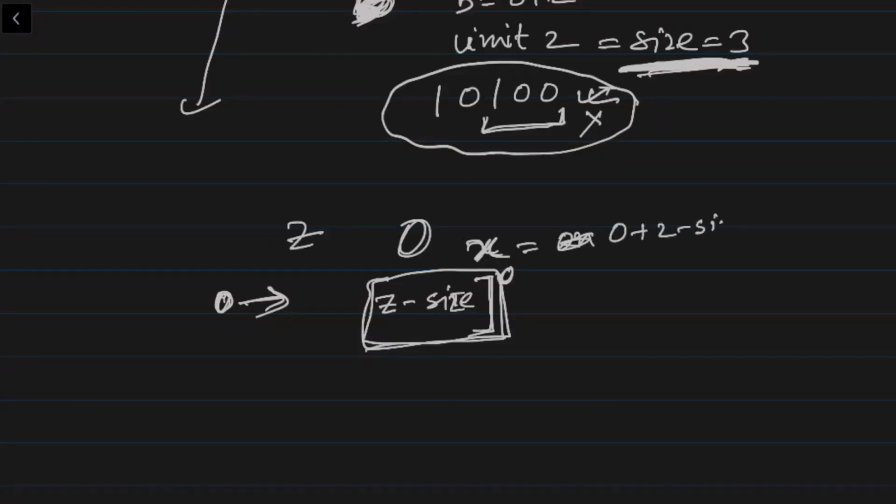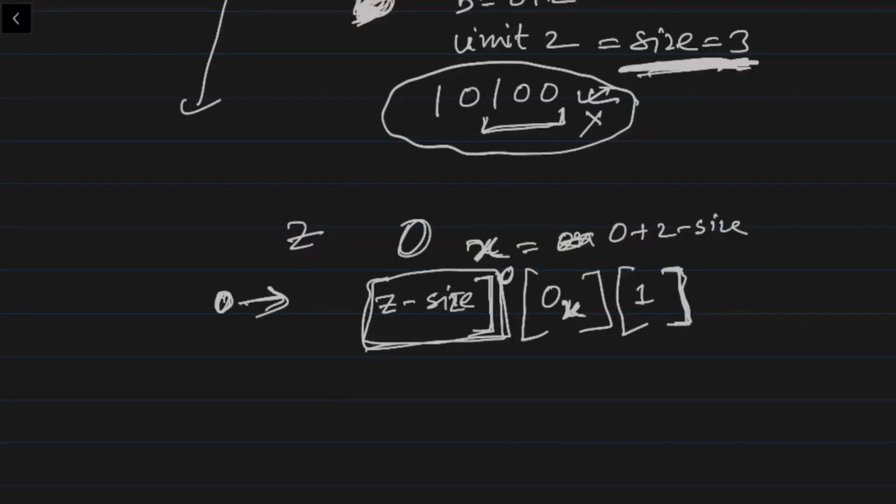What I'm saying is, if at the position I have already used z minus x, and I'm putting something at x of one, that is ending with one.